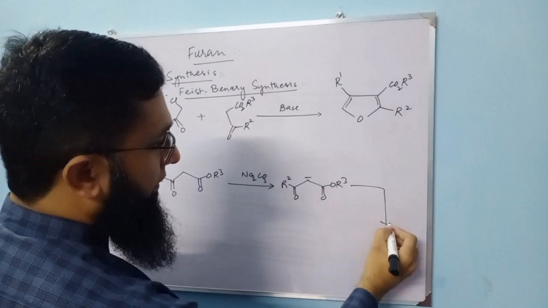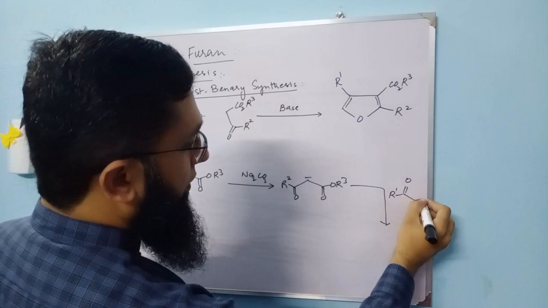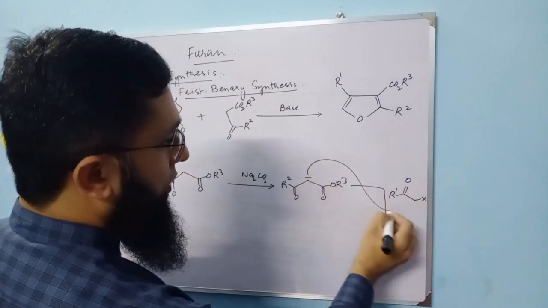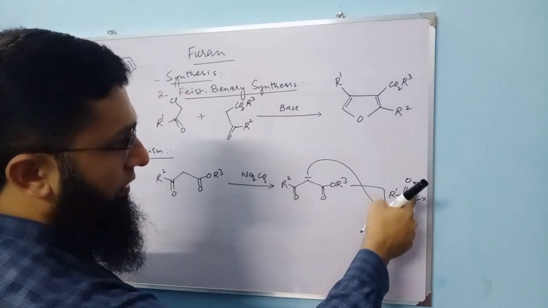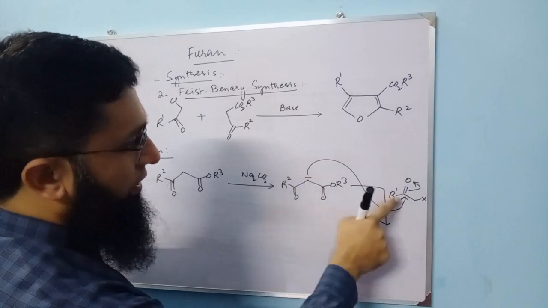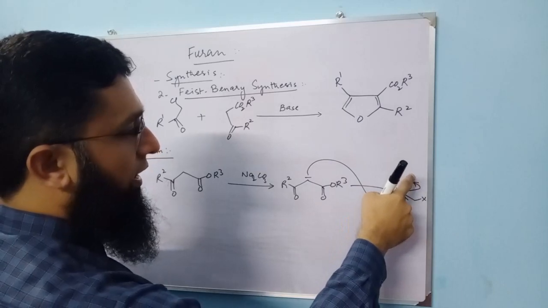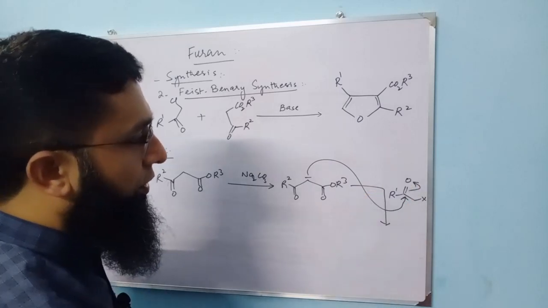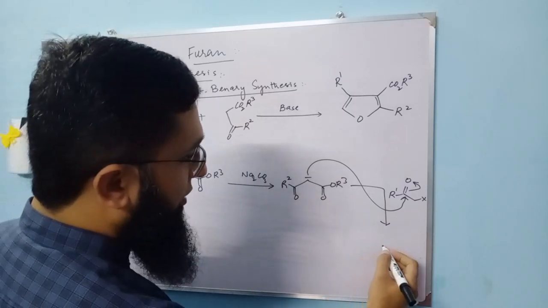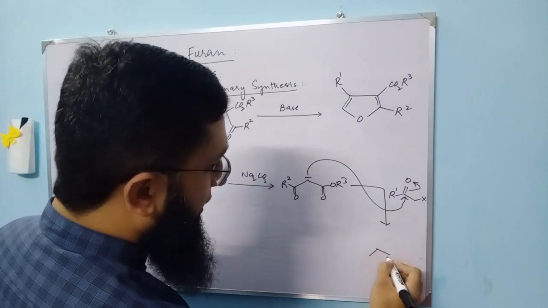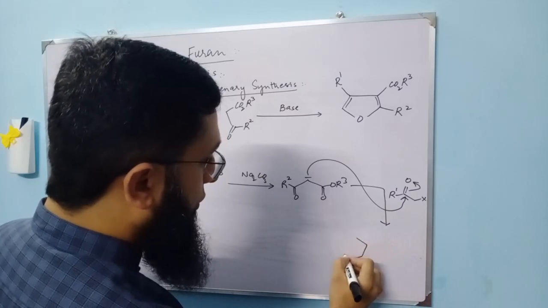This enolate reacts with carbonyl group of alpha halocarbonyl, and this bond, the negative charge attacks here, this bond shifts and transforms into a negative charge on oxygen, and as a result of protonation or quenching or taking proton from the reaction medium, it is converted into corresponding alcohol.